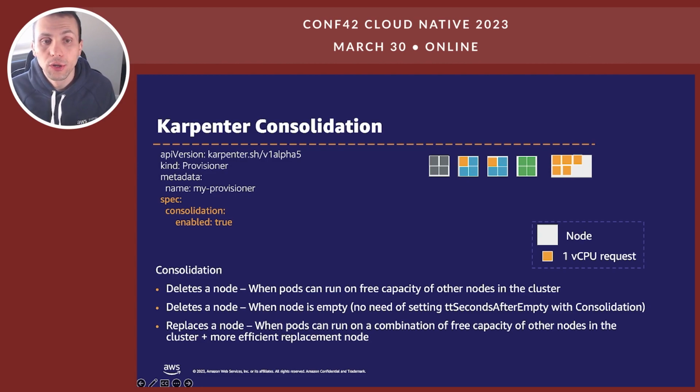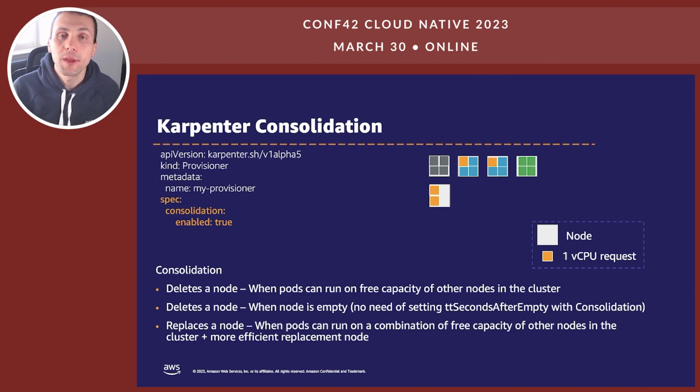Once it goes back to 2, you can see that you have a lot of underutilized resource. Karpenter will look at that if you have consolidation enabled, and say, you know what? I can run those 2 pods on a much cheaper node. So it's going to spin up the node for you. Then it's going to move those pods into the new node, and finally it's going to remove the old node.